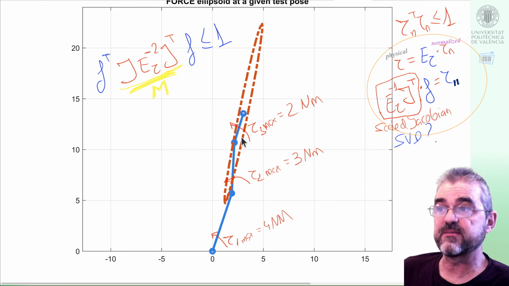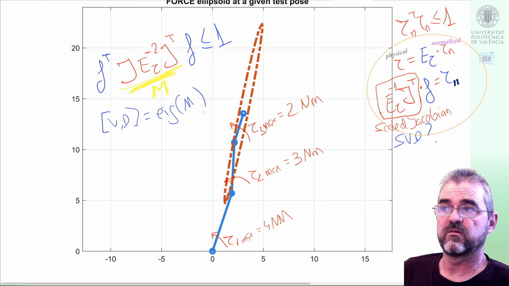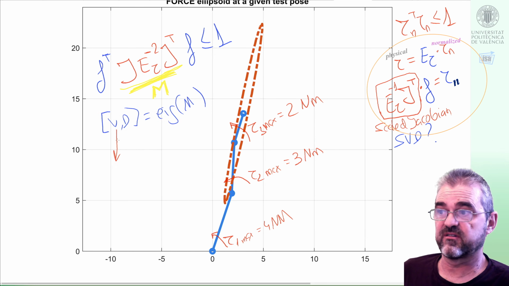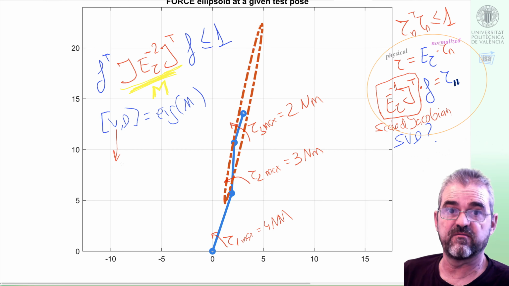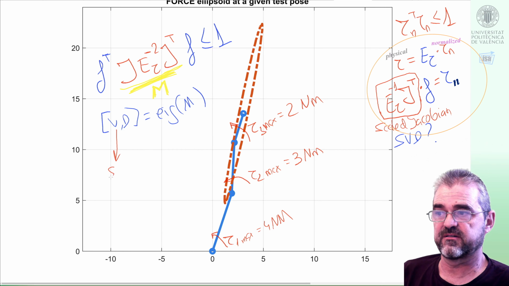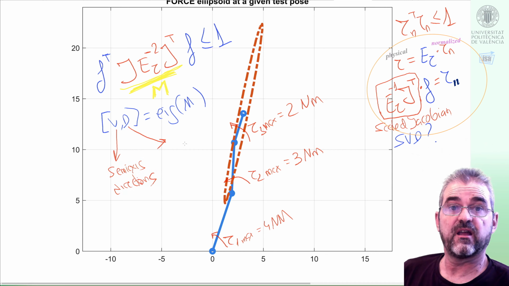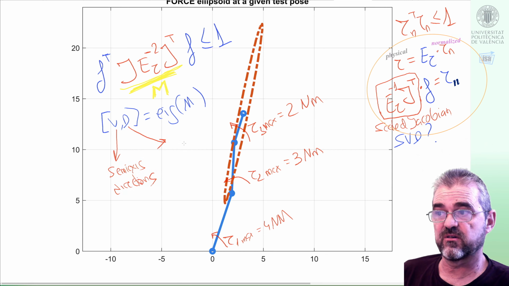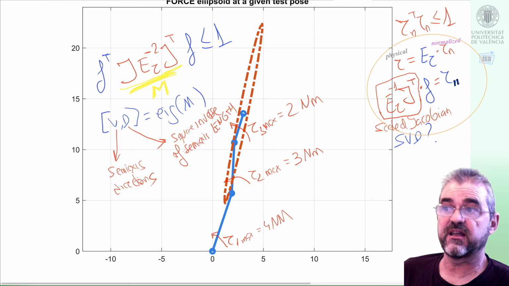Well, basically from ellipsoid theory, if we carry out the eigenvector-eigenvalue decomposition of this matrix M that defines the ellipsoid, then the columns of the V matrix, the eigenvectors, are the semi-axis directions, and the diagonal elements of D are the inverse squares of the semi-axis lengths.